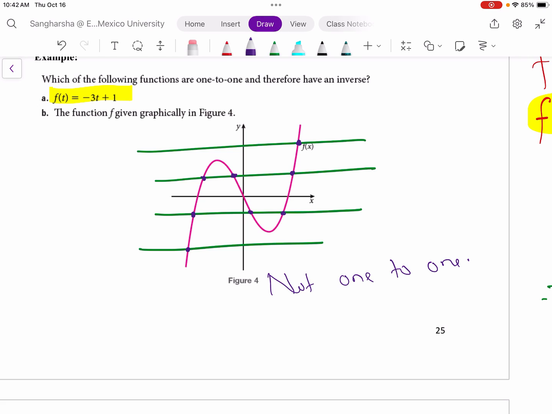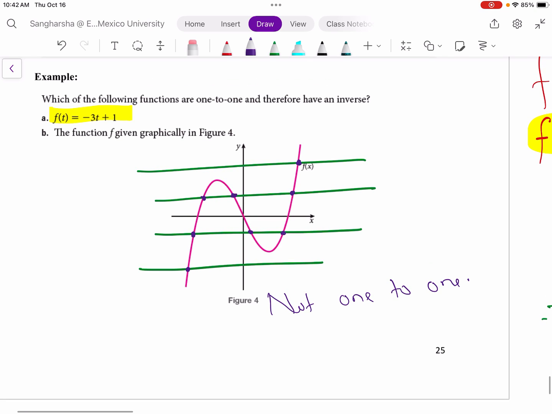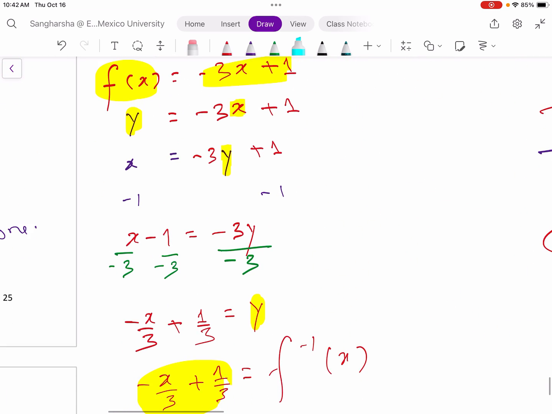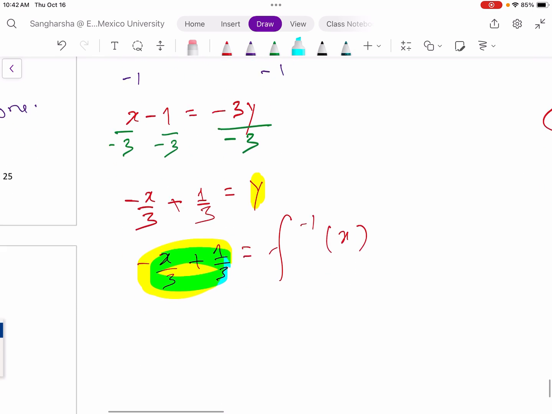For a one-to-one function, we use the horizontal line test, and every horizontal line must cross exactly one point. Not one, every horizontal line. And we already showed this function is one-to-one and it has an inverse, and so this is the inverse that we did here.